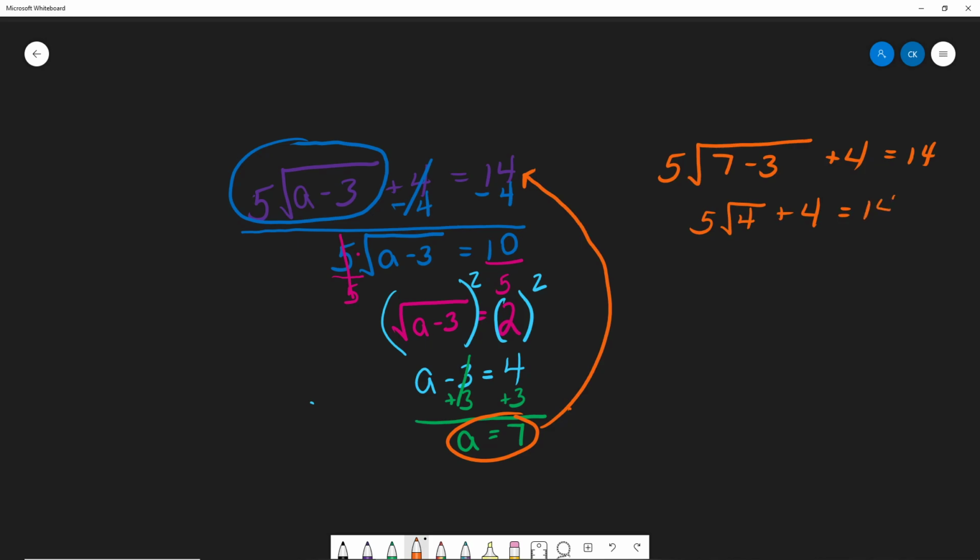I know that the square root of 4 is 2. So I'm going to have 5 times 2 plus 4. 5 times 2 is going to give me 10. And 10 plus 4 is 14. So it does check out. So I know that I got my answer correct.